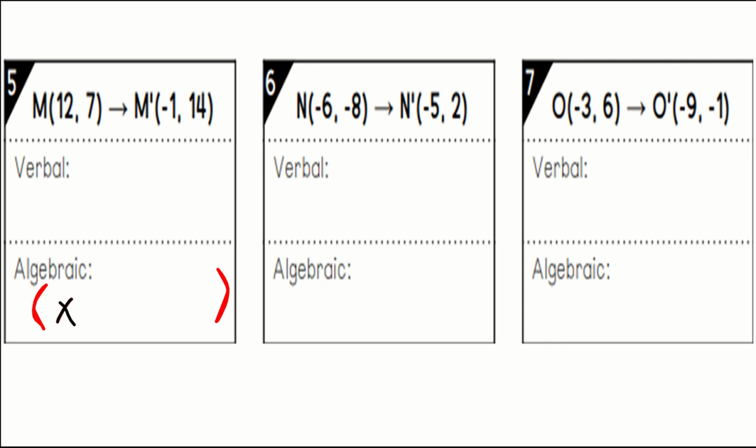Is that going up or down? Increasing or decreasing? Decreasing, so we're going to subtract. How many? 13. We got to go from 12 to 0 and then one more to get to -1. So that means our X values are subtracting 13.